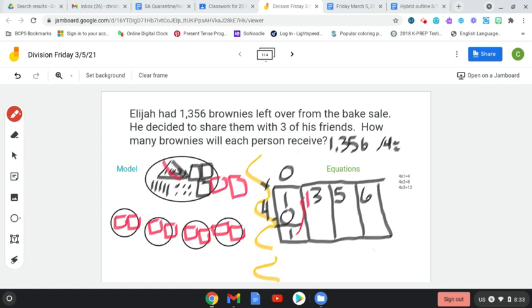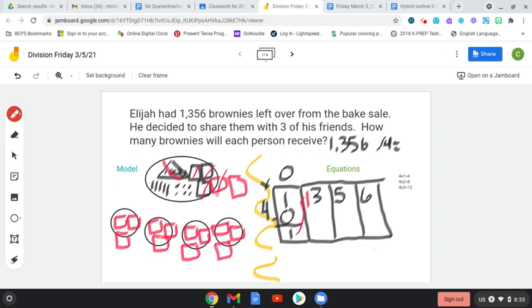Which means I can take at least these 4, and I can put them in the groups because there's enough. So I'm going to go 100, 200, write that out, 300, mark that out, and 400.